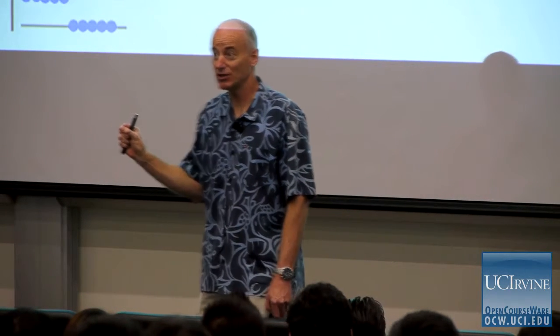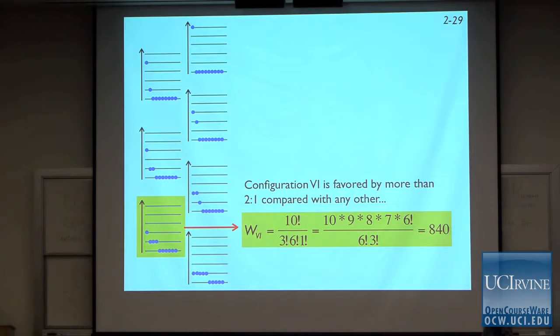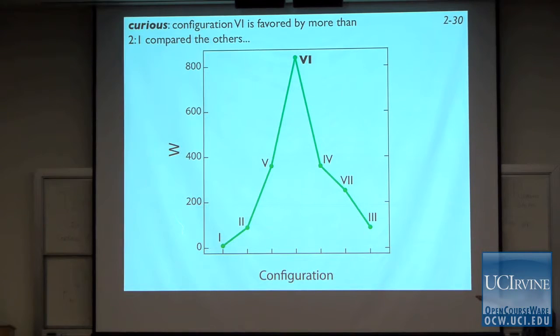That's not super special. I mean, it's only special by a factor of 2 or so. Now I'm just plotting W versus the configuration number, which remember is just arbitrary. Don't worry about configuration number. It doesn't mean anything. But I'm just pointing out, here's that configuration, 840. It's special.